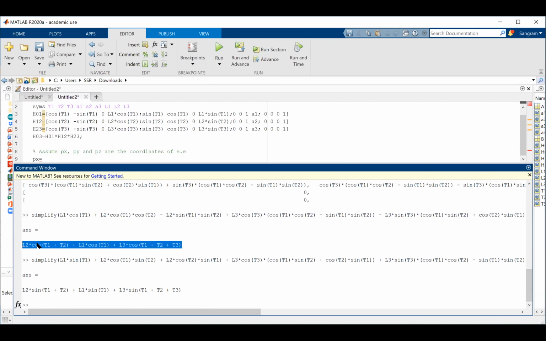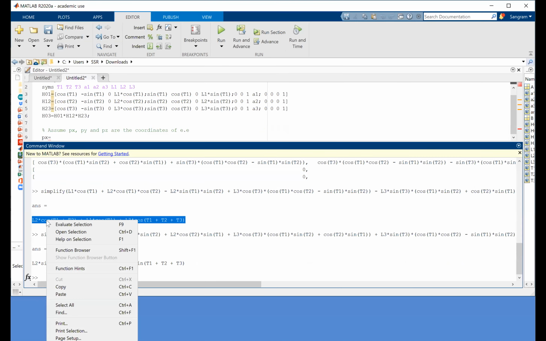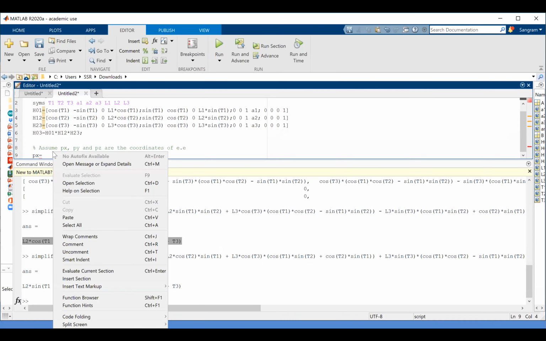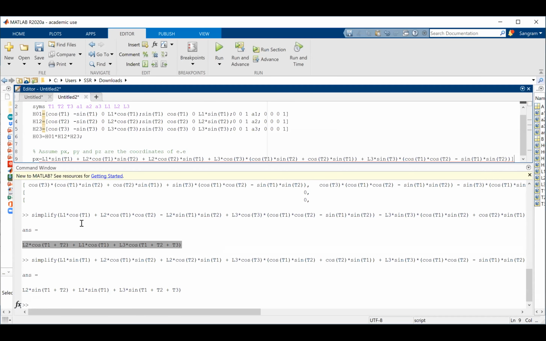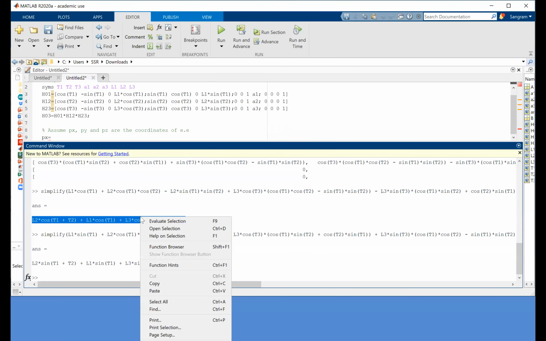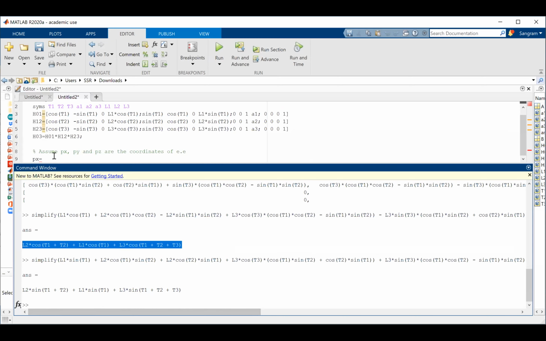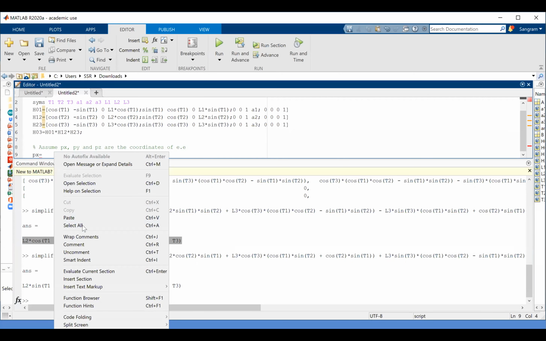So my Px is gonna look like, my Px will be copy, then here paste.